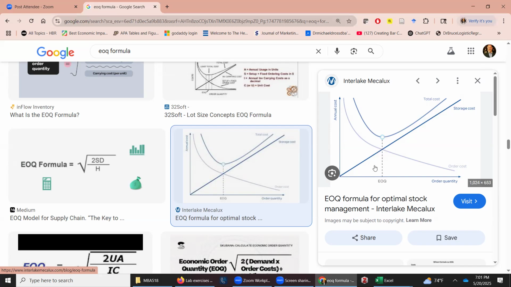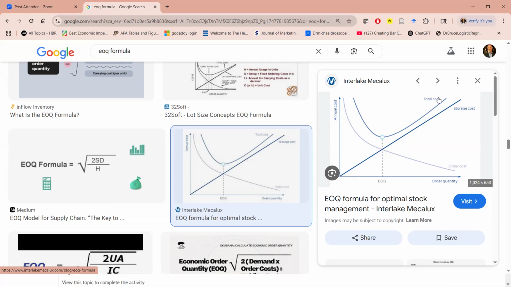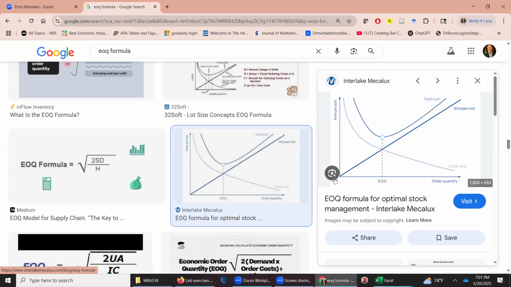This is a typical kind of microeconomics analysis. The optimum is where two curves cross. So where my ordering cost equals my holding cost, or my storage cost, that defines the optimum. If I take this intersection and go all the way down to my x-axis, where I'm mapping quantity, that tells me the number of units that I should order whenever I place an order.